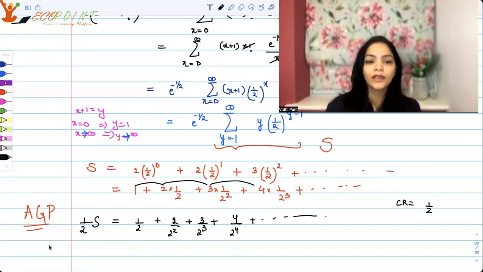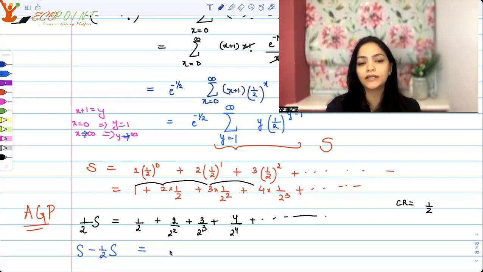Now the next step is to subtract this half S from S. When you're subtracting, you subtract the like powers. We will not touch 1. We subtract 2 into half minus 1 into half, like powers in the denominator. So you will get 1 as it is, plus 2 minus 1, which gives 1 times half.